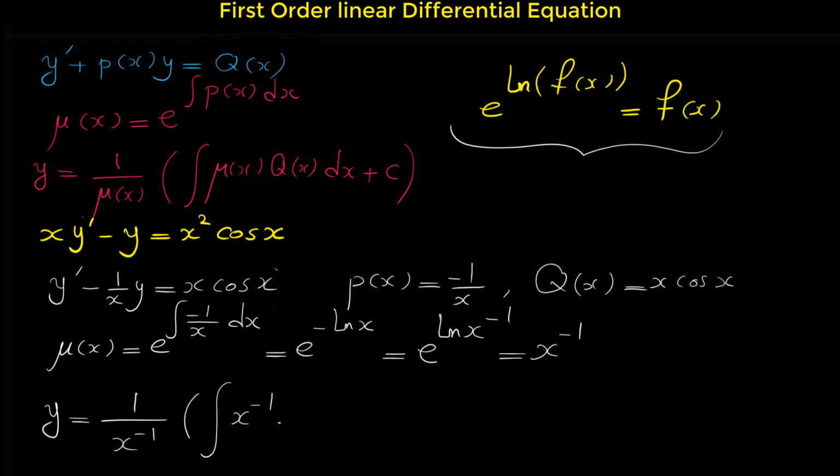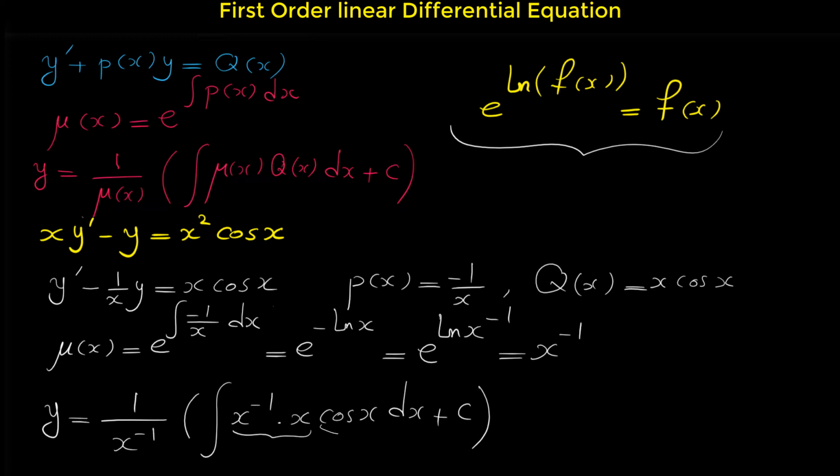We have to use this as our equation in this formula. So q of x is x cosine of x dx plus c. Note that x times x to the negative 1 is 1, because the power of x is 1 here, and x to the negative 1 is 1 over x, and so these two cancel each other.